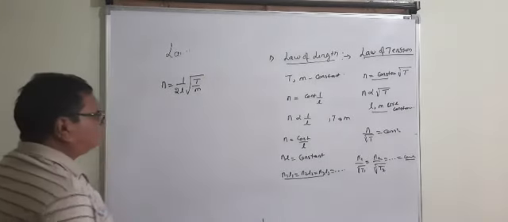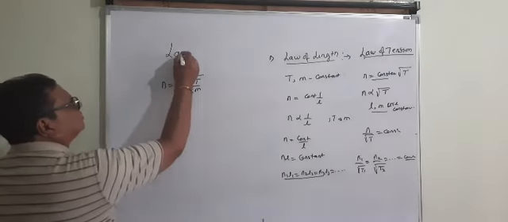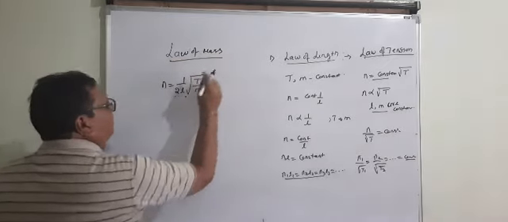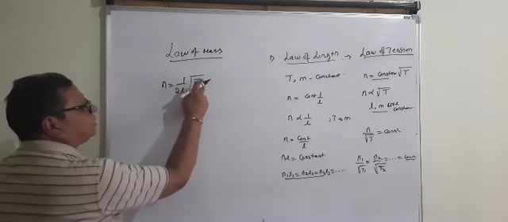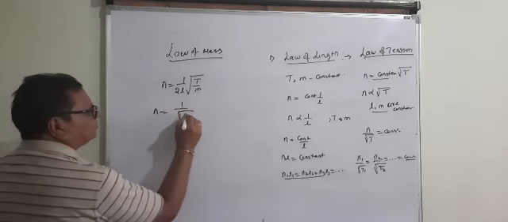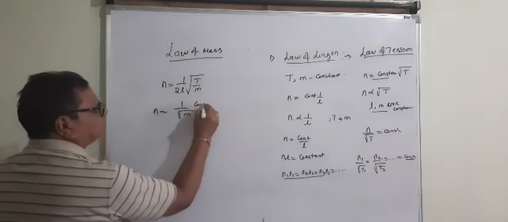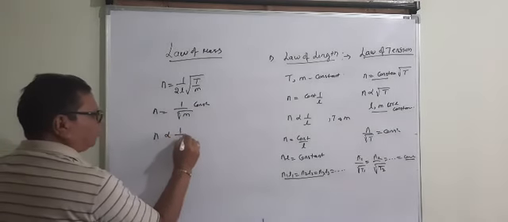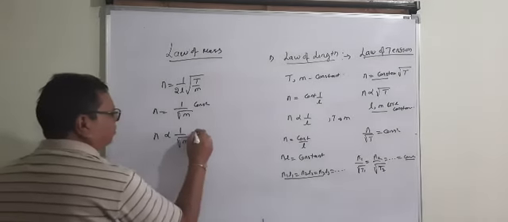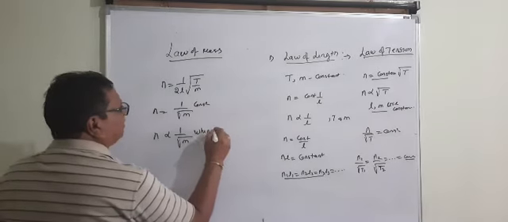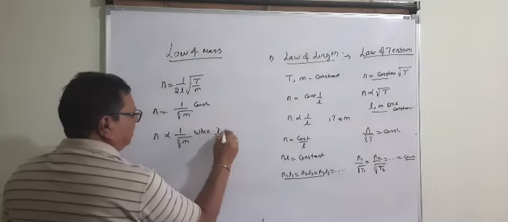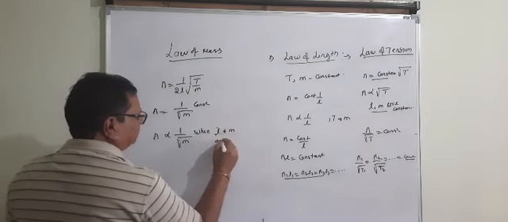Third law, or you can say the law of mass. In this equation, if length and T are constant, then n is equal to 1 upon root m into constant, or n is proportional to 1 upon root m, when L and T are constant.